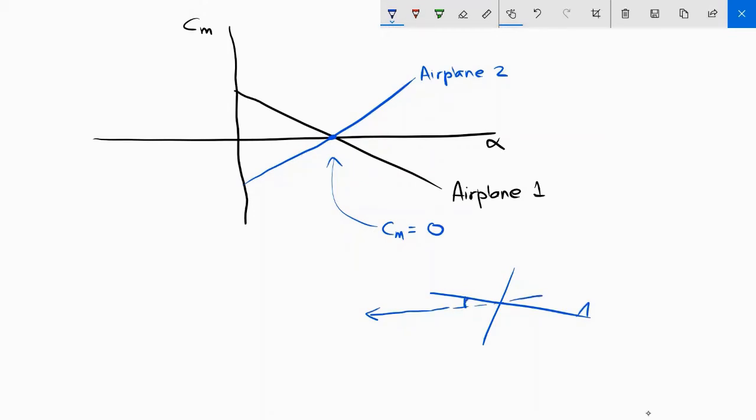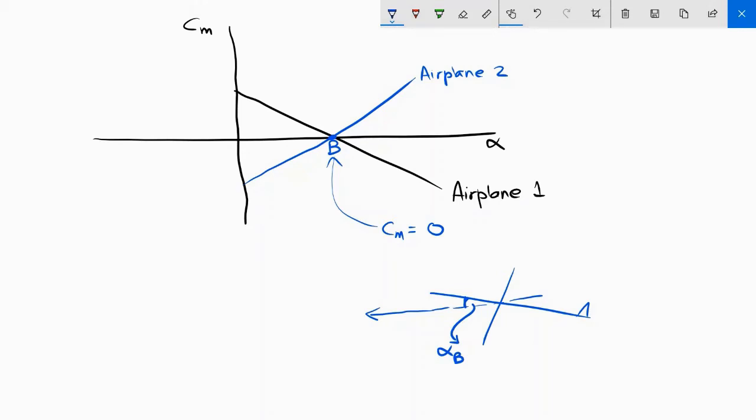Let's measure the angle of attack. Let's call it point B. So this is my alpha B. At this angle of attack, there is no resultant moment, which means there is no resultant turning force on the aircraft. The aircraft will not turn, it will just stay at this angle of attack.